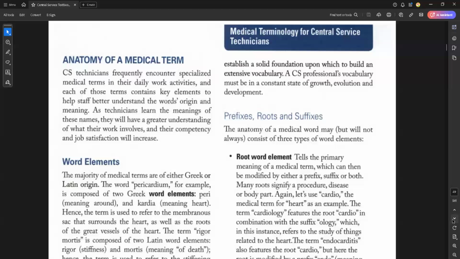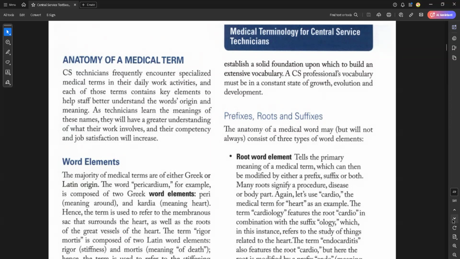Now, let me begin from some history. Most of these things come from Greek and Latin. In English, some of the words you speak have their origin from Greek or Latin.